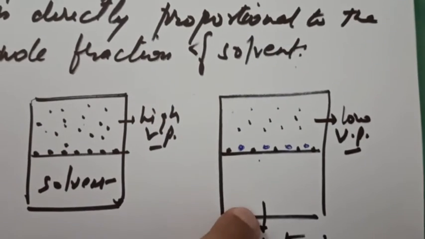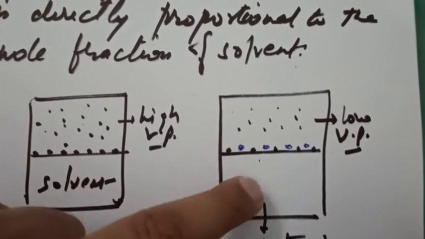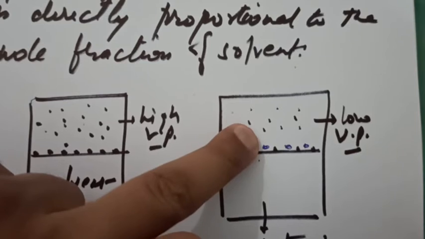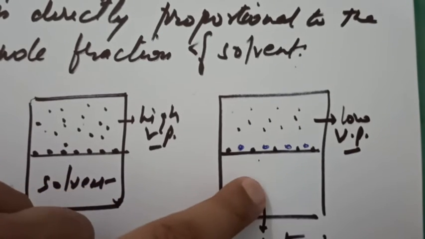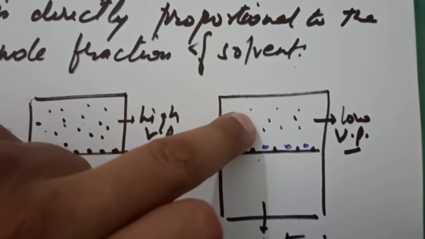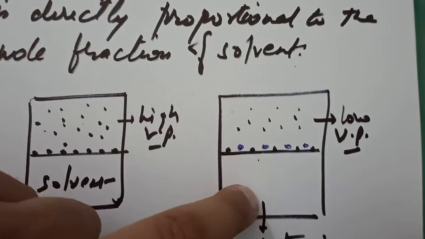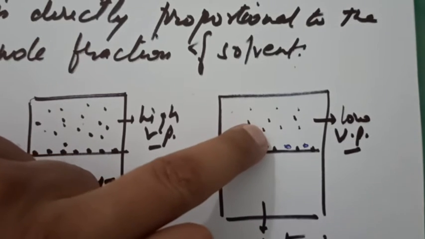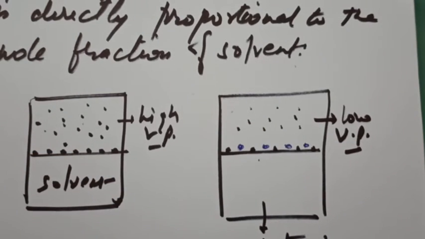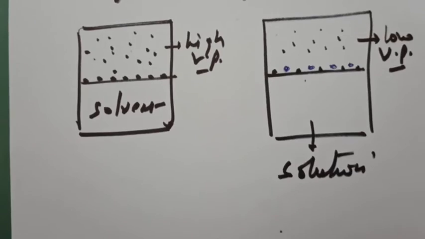This means it depends on how much solvent is in the solution. The less the solvent, the lower the vapor pressure, and the more the solvent, the higher the vapor pressure. Understood? So it always depends upon the mole fraction of solvent only.